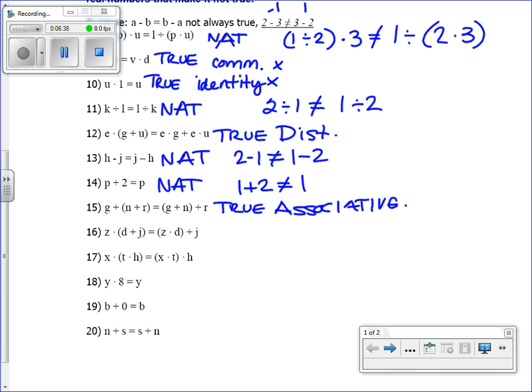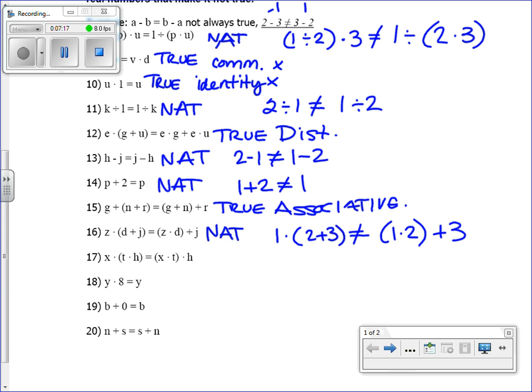Let's see, Z times the quantity D plus J equals Z times D plus J. That is not always true. You cannot combine the associative property of multiplication and addition together. For instance, 1 times 2 plus 3, that's 1 times 5, right? 1 times 5 is 5. That does not equal 1 times 2 plus 3. Well, in that case, it did.